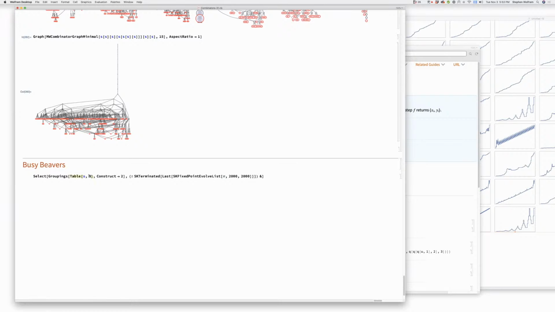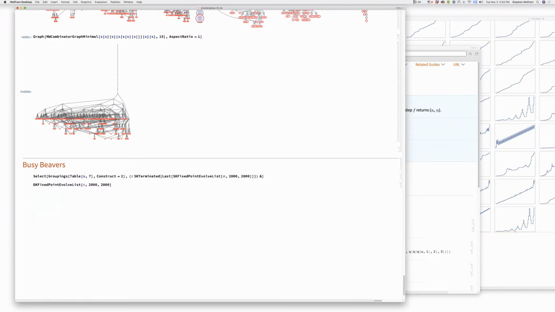Let's say on length 7. And then let's say I want to find the length of that.